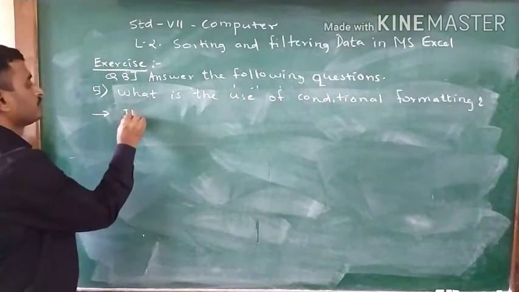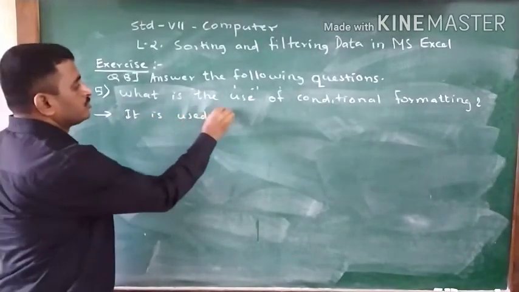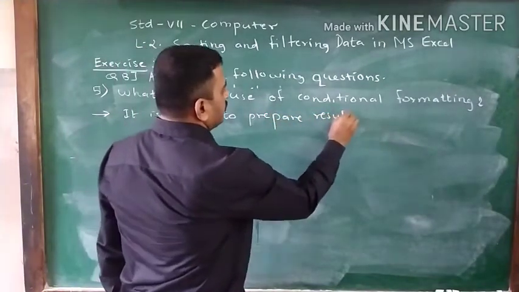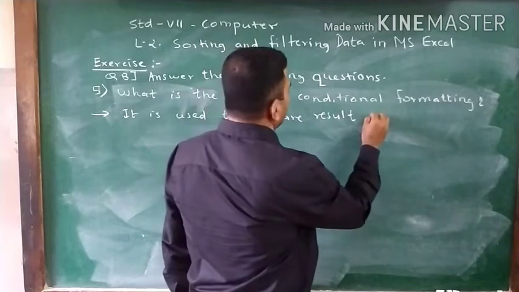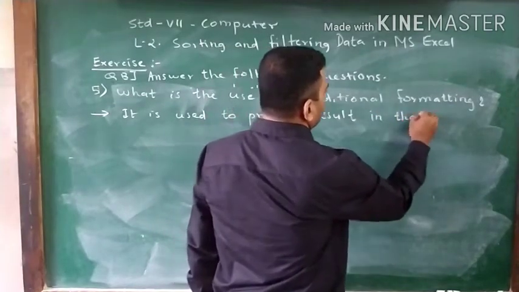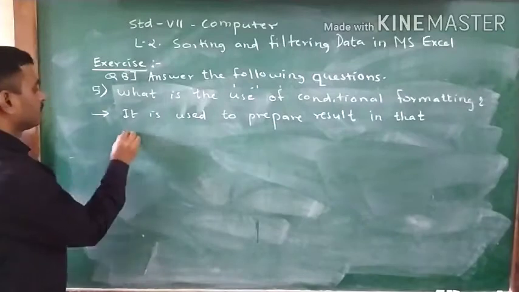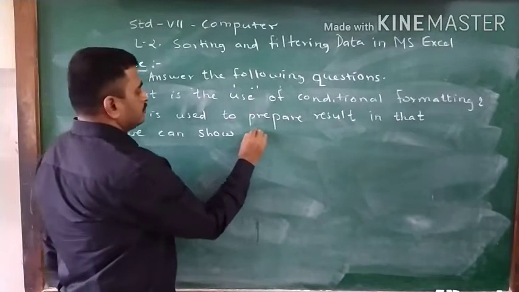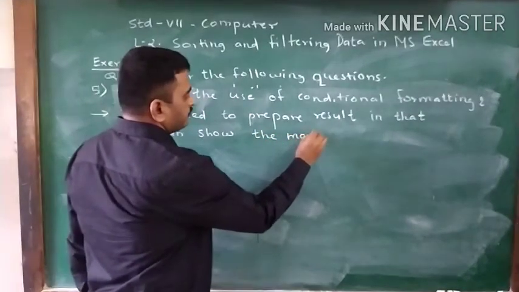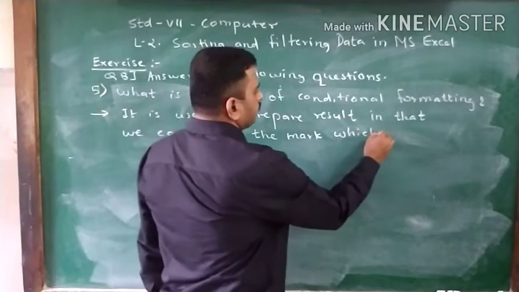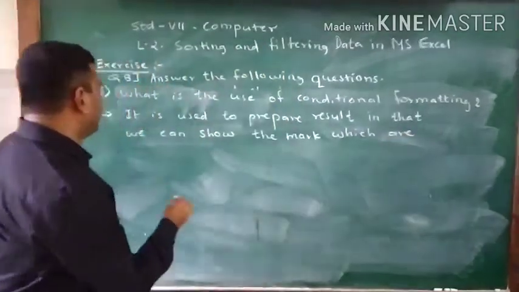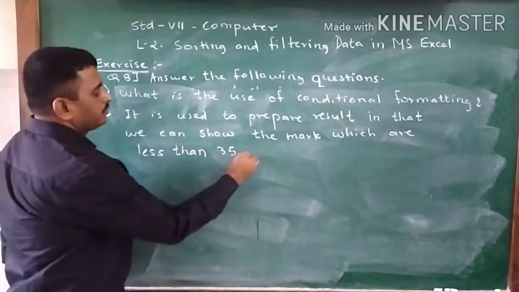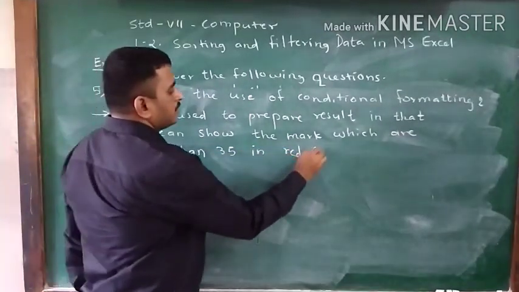It is used to prepare a result in which we can show the marks which are less than 35 in a red color.